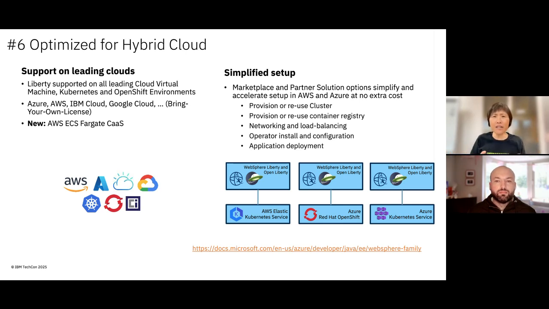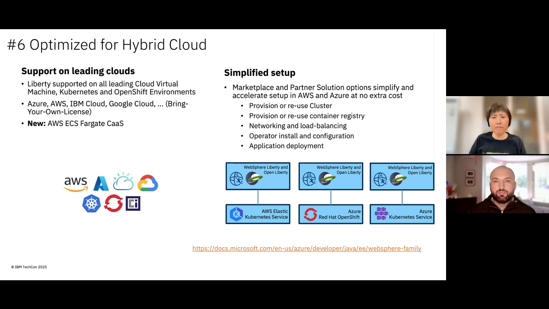You can see Liberty on the popular public clouds: Azure, AWS, Google Cloud. You can even bring your own license and get Liberty from the marketplace as well. We collaborate very closely with business partners like AWS, Microsoft, Google, etc.